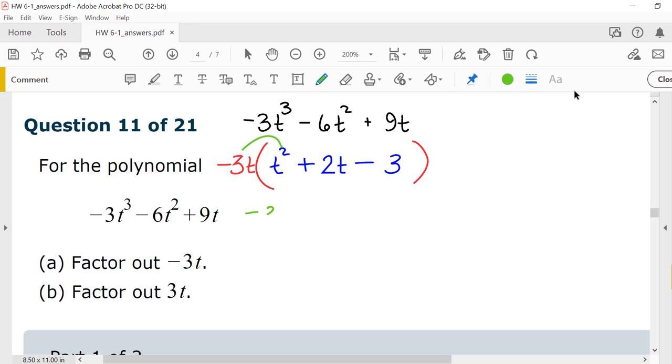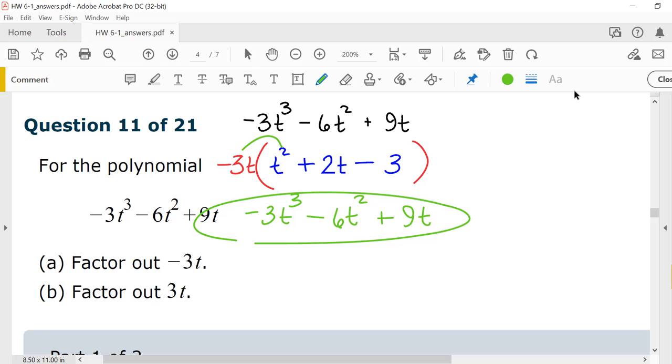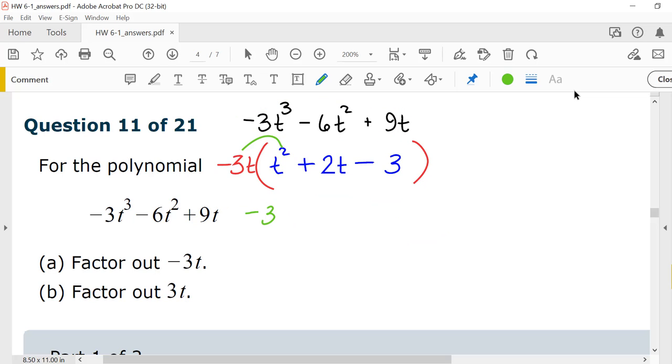Negative 3t, t to the 1, t squared is cubed. Negative times a positive is a negative, and I would get 6t squared. Negative times a negative is a positive. 3t times 3 is 9t. That's what I started with, so I did that correctly. So the answer for part A is here.